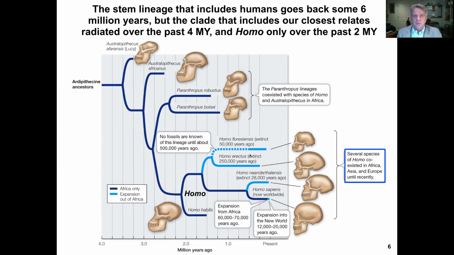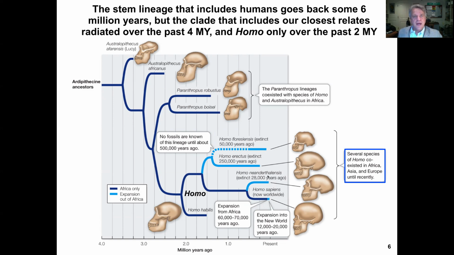So for example, folks who have ancestry from Western and Northern Europe likely contain a portion of their genome that's shared with Homo neanderthalensis, with Neanderthals.